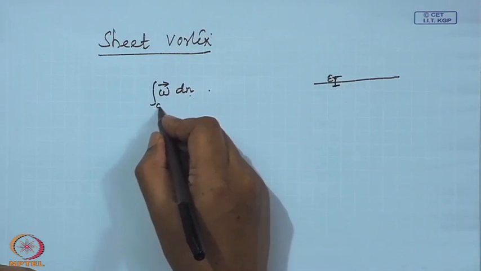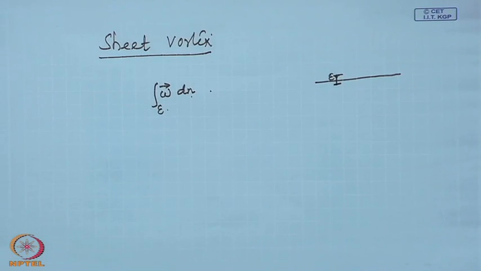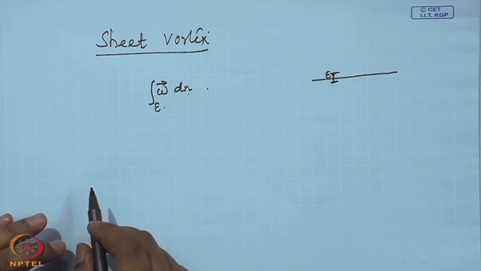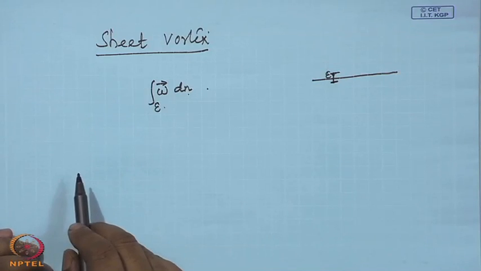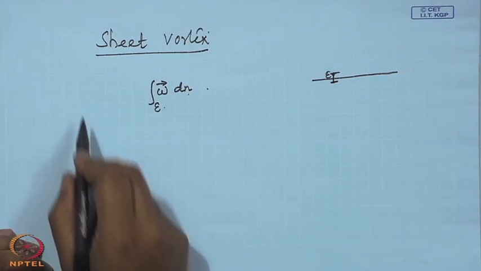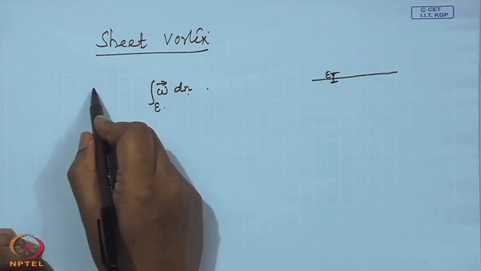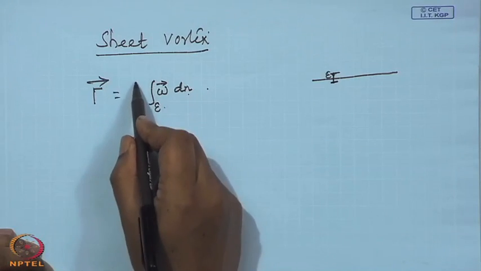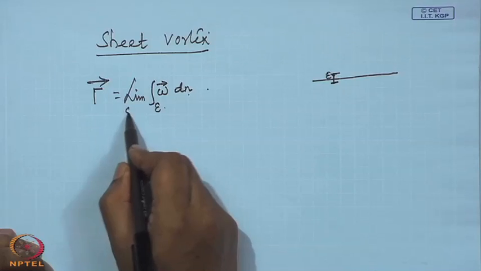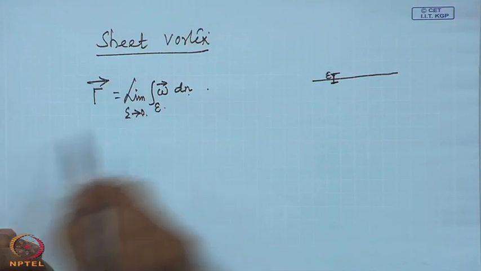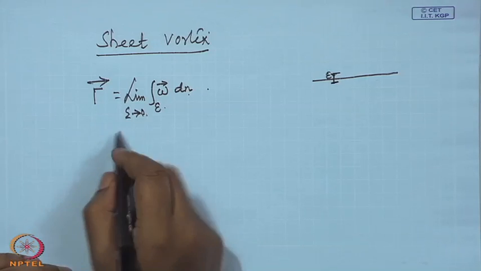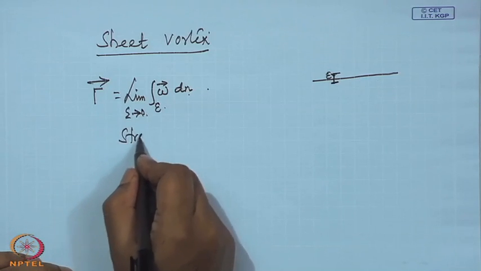So this is integrated over epsilon, and then as epsilon approaches 0, but this is now a vector.